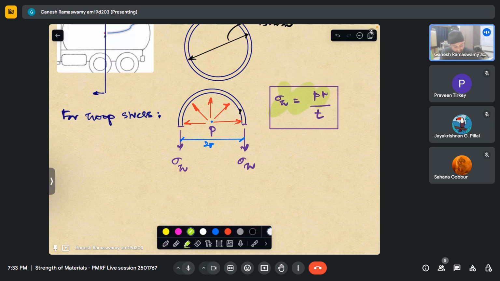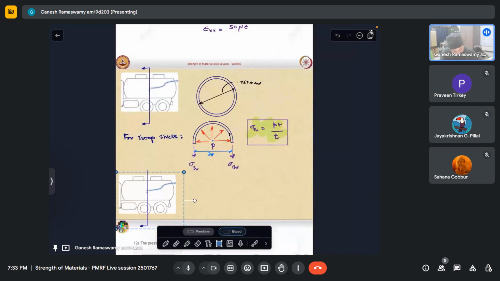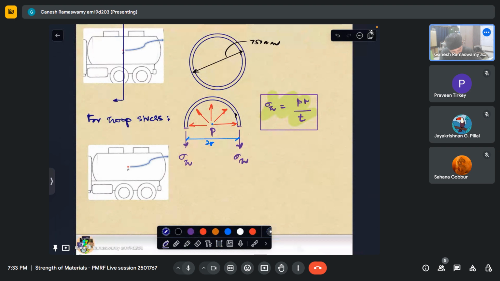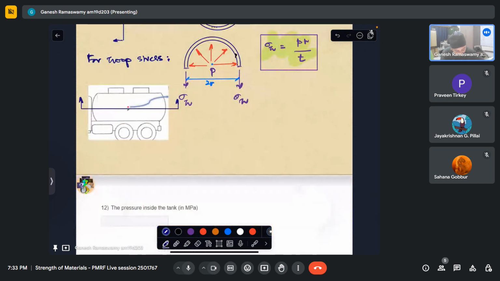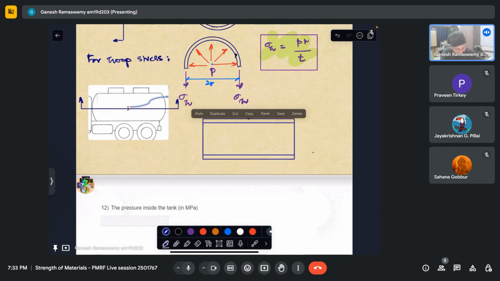Now instead, I take a longitudinal section. I take the same thing, but this time I don't cut a section like that, but I cut a section like this, and see what I see. What this will expose is a rectangular section, which will have something like this. I'm not drawing either end.